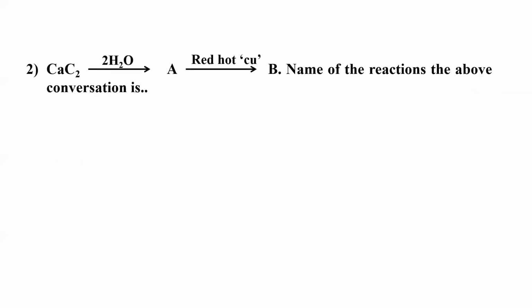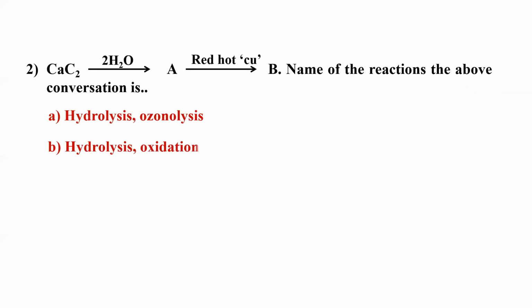Calcium carbide gives A. A upon passage through red hot copper gives B. Name of the reactions in the above conversion is what? Is it hydrolysis, ozonolysis? Is it hydrolysis, oxidation? Is it oxidation, ozonolysis?